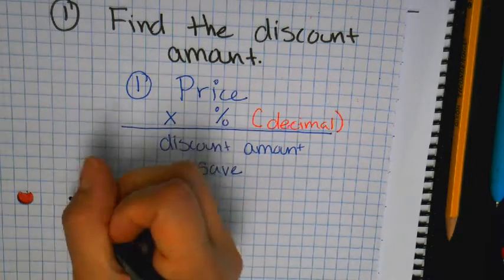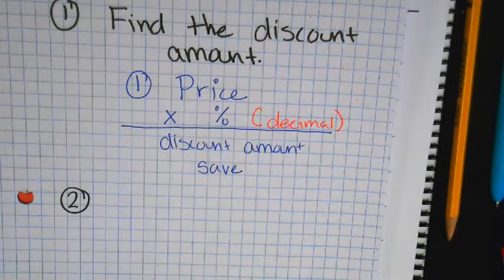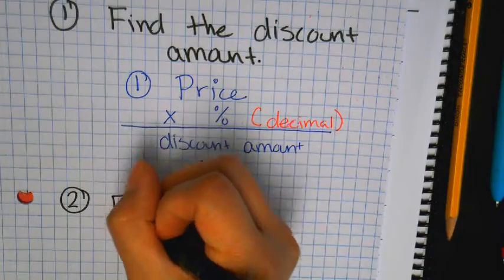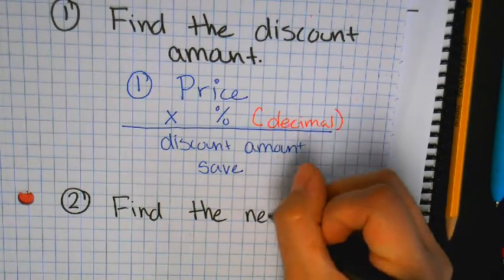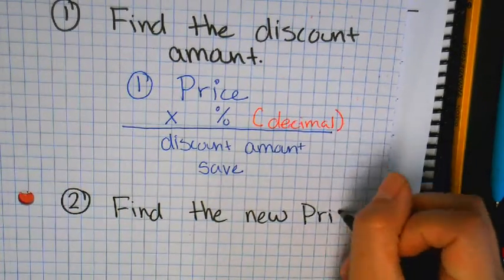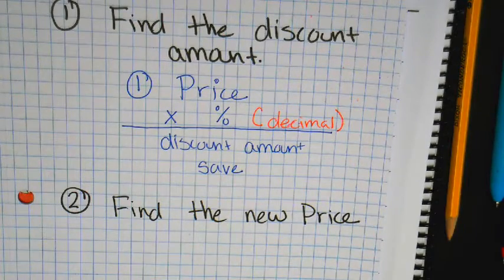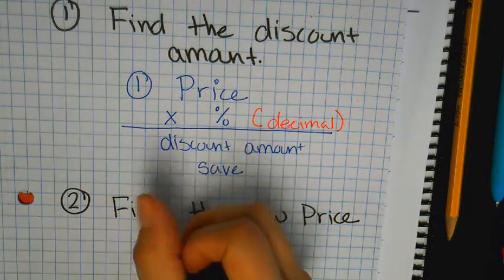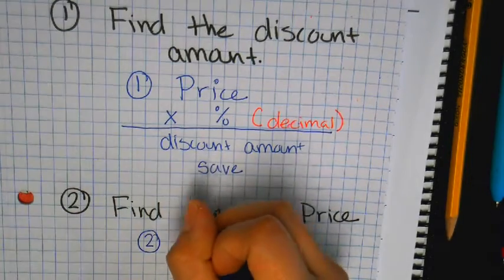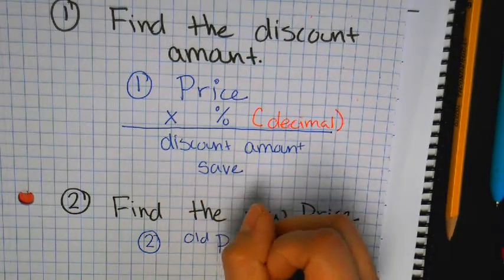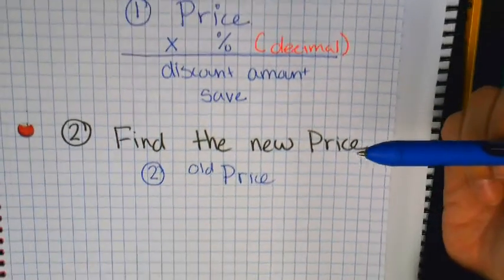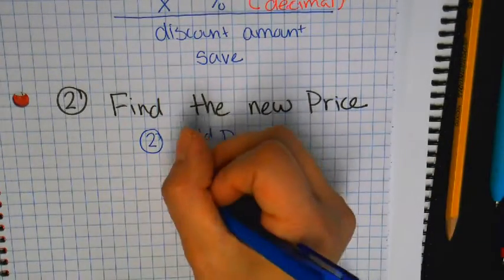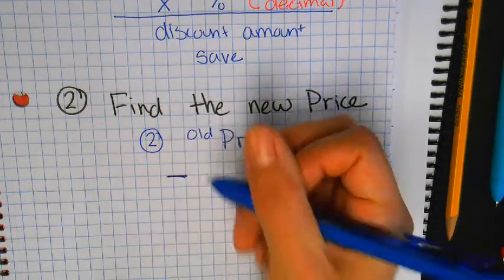Your second step is to find the new price. The price you're actually going to be paying. So our second step is to take your old price, the one from up here, because now it's old. We don't want to pay that. And you're going to subtract, because with a discount, you pay less.